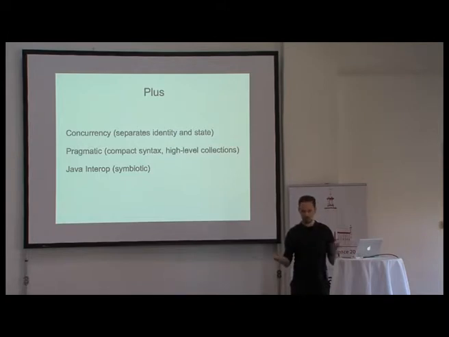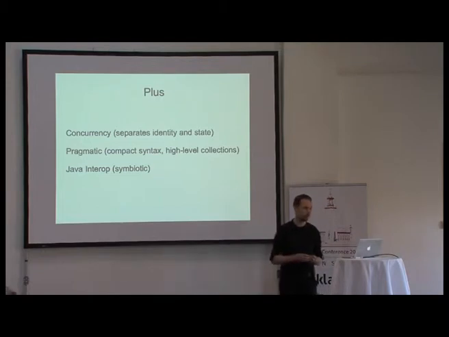It's also pragmatic, so it has very compact syntax and some syntax for high-level collections, which differ somewhat from older Lisp dialects, which are almost over-encumbered by parentheses. There are some cases where Clojure uses a tighter syntax to reduce the amount of parentheses actually needed.